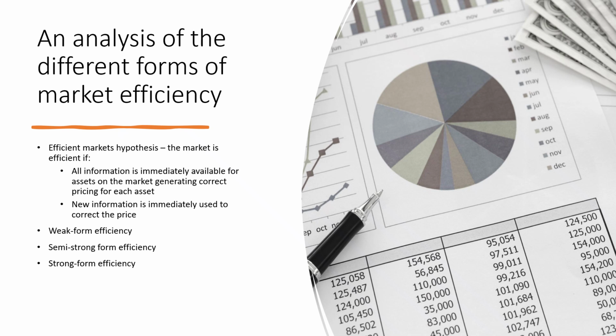A market has weak form efficiency if stock prices instantly and fully reflect the past price information only. A semi-strong form of market efficiency reflects markets where stock prices fully reflect all present public information and past price information. A strong form of market efficiency is found where stock prices fully reflect all public and inside information.